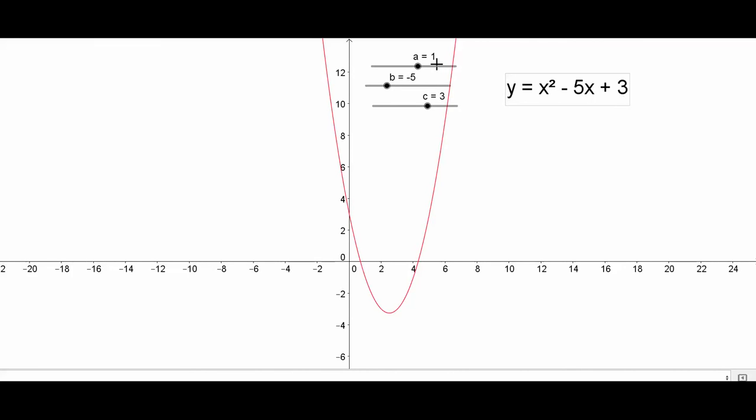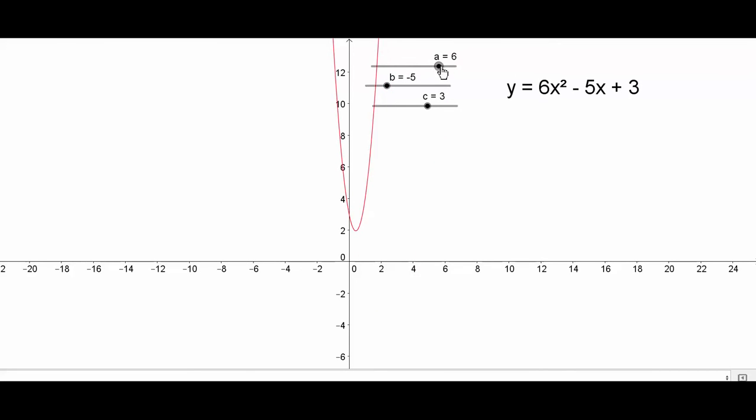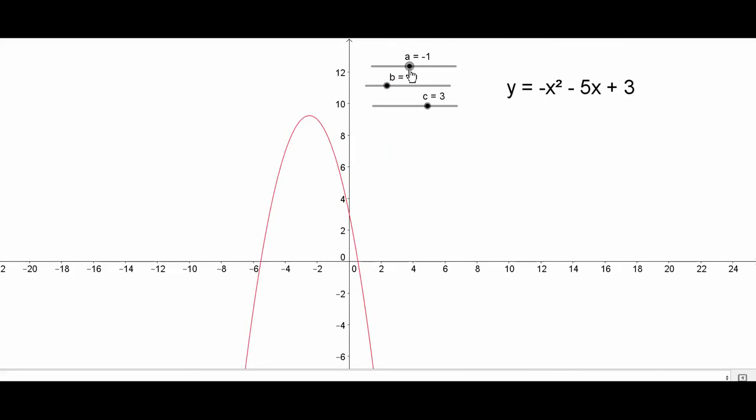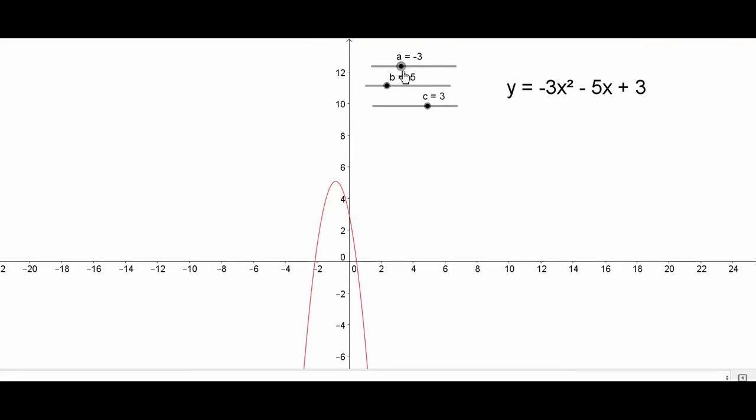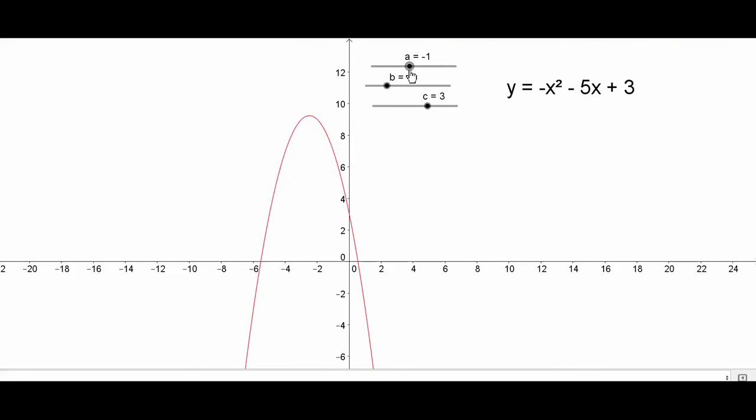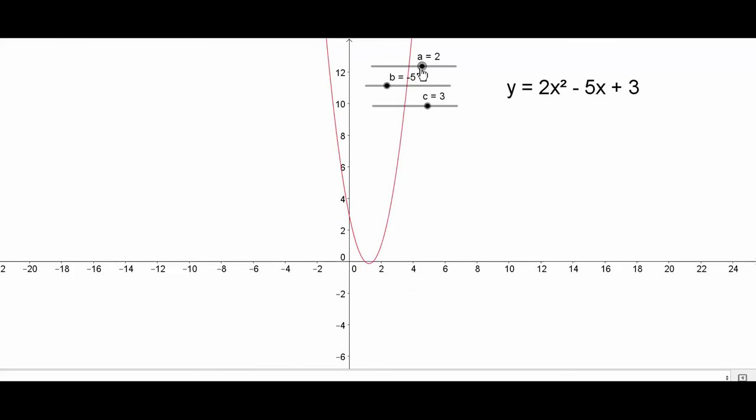As you can see, a is 1, I've got x squared, b is minus 5 here, and c is 3. Now if I vary a, you see, here we've turned it upside down, and that occurs when a is negative. So when a is negative, it's sort of upside down. When a is positive, it's this U shape.